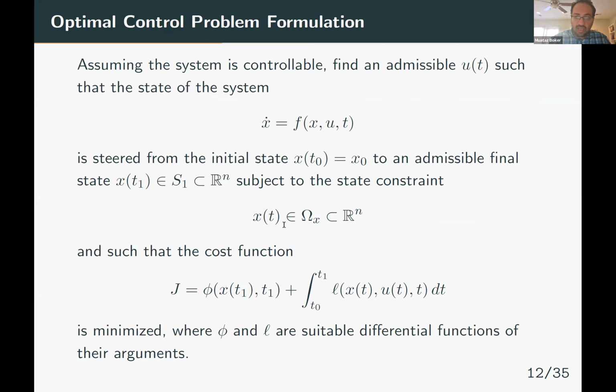These constraints not only are related to the state, but the constraint can also be applied to the input u, such that, and this is the most important distinguishing factor here, the cost function here, defined by this function, a function of the final state plus the integration from t0 to t1 of another function of the state, input and time, is minimized, right? And L and phi here, these functions we choose them. Okay, so these are subject to design.